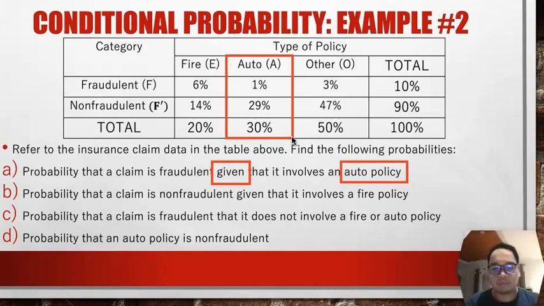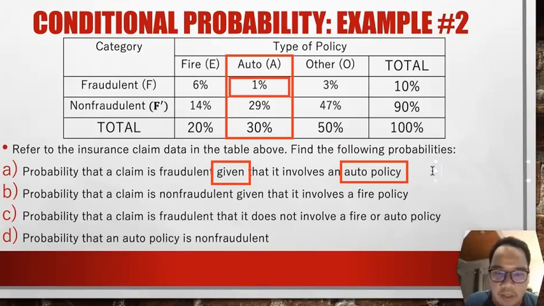We're not going to respect the whole sample space up to 100%, but it's only going to be here, which is 30%. So if we want to find the probability that a claim is fraudulent and that it involves an auto policy, we just need to highlight fraudulent here, which is the intersection of F and A, our numerator.